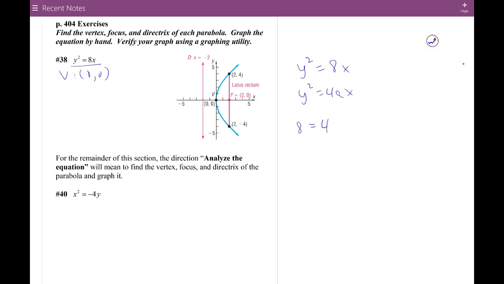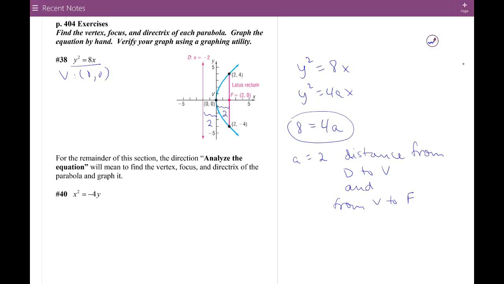So 8 must be the number that equals 4a, and we find that a equals 2. So this is the distance from directrix to vertex and from vertex to focus. Okay, so directrix to vertex has to be 2. Vertex to focus has to be 2.